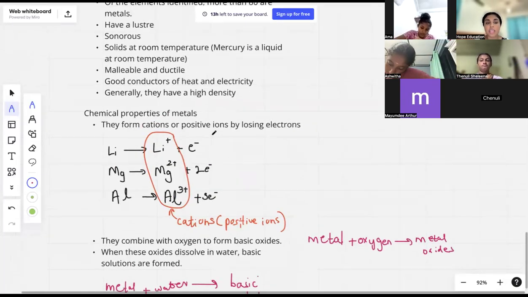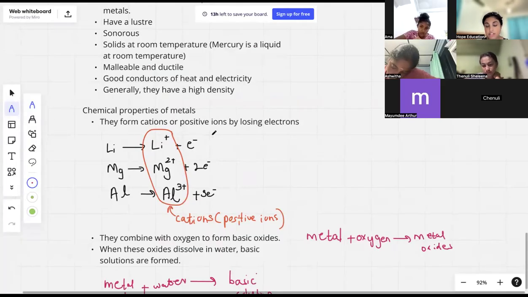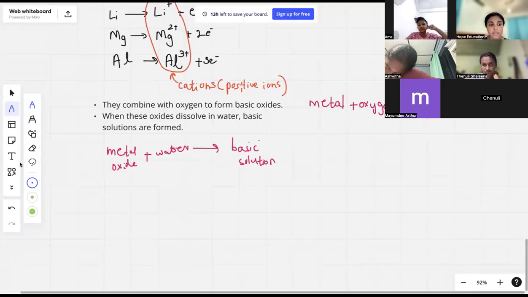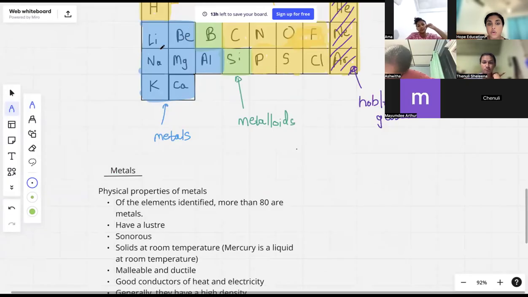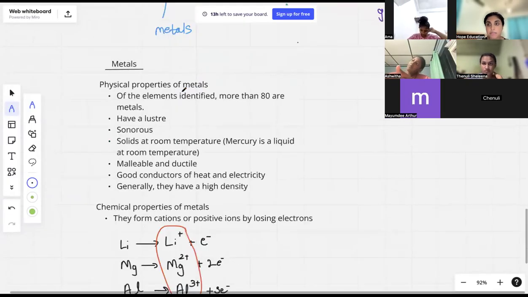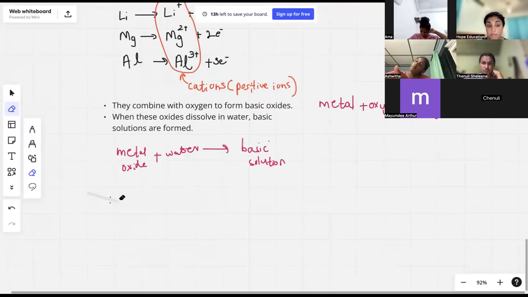So now we were talking about metals. You will understand metals more when you also learn non-metals, right? There are so many examples, right? Even in our periodic table, we said what? Lithium, beryllium, sodium, magnesium, aluminium, potassium, calcium, they are all metals, right?